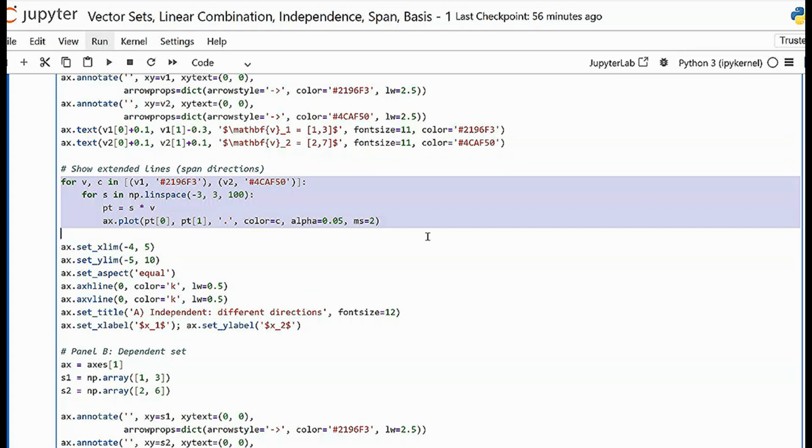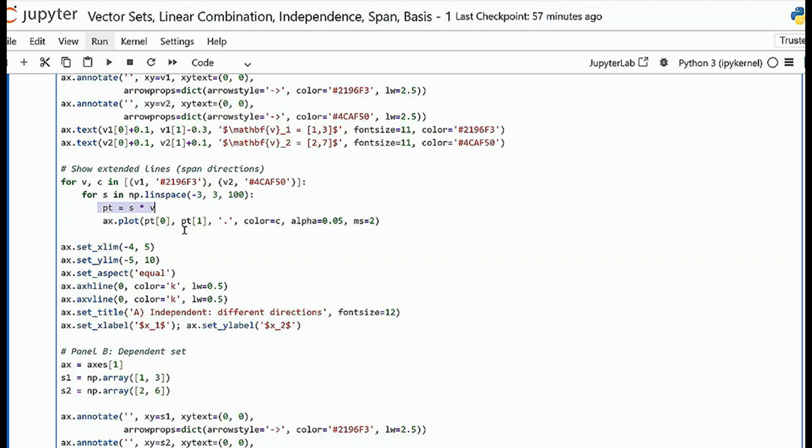It loops over each vector and also many scalar values. Those scalar values span from -3 to 3, and how many? We have 100 values. Amazing, right? That generates scaled versions of each vector. That is the main important thing.